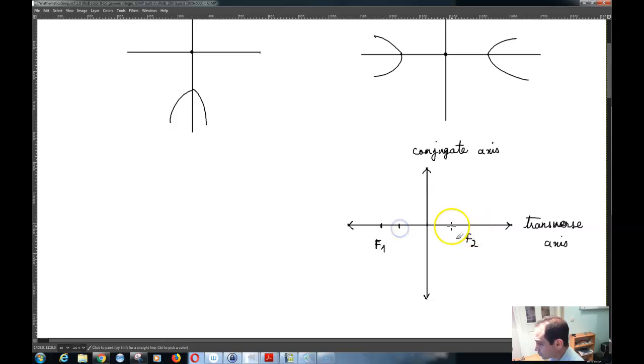For example, this would be your vertices, and so you would have a hyperbola something like this.